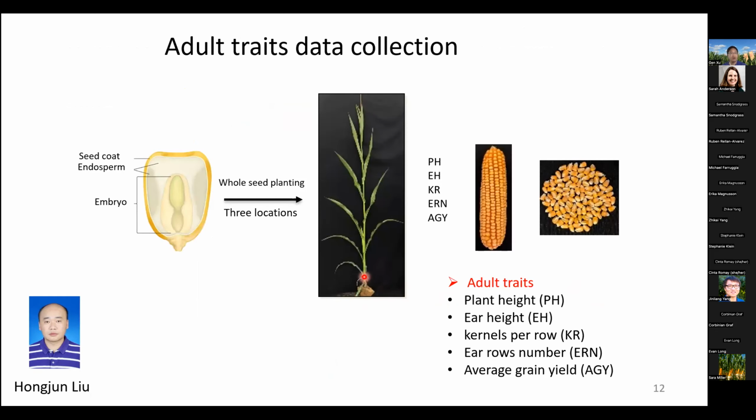We also collected the adult traits. We planted the seeds from hybrids and their parental lines in 2021 in 3 locations, and we collected plant height, ear height, kernel row number, ear row number, and average grain yield.